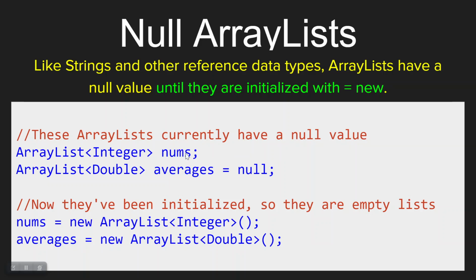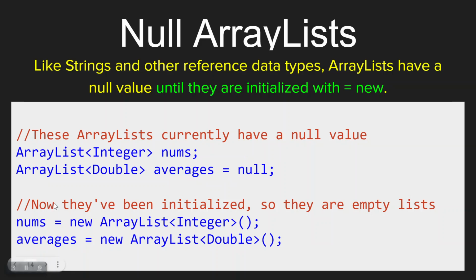So my array list nums has a null value, meaning there's no object data being stored. For ArrayList Double averages, I could say equals null, and this basically does the same thing. I'm identifying that I'm going to need an array list of doubles called averages, but I don't have any object data to put in there yet. So I'm just reserving some memory space without really giving it any dimension.